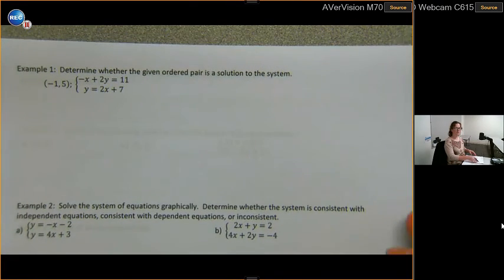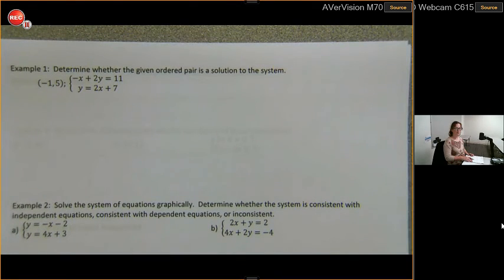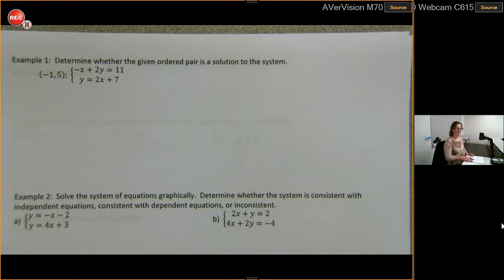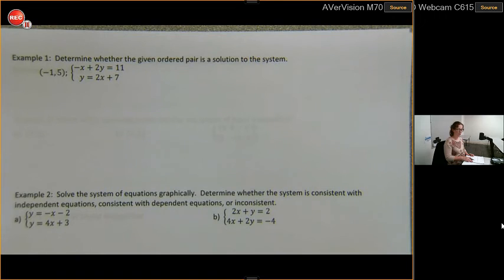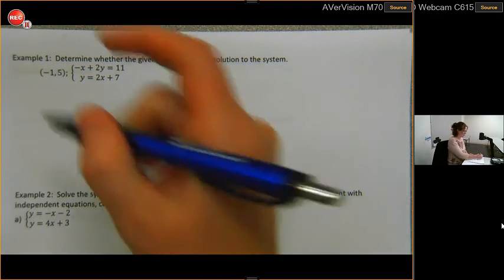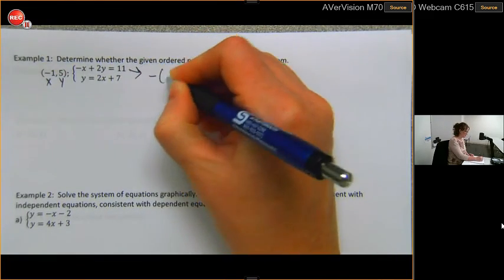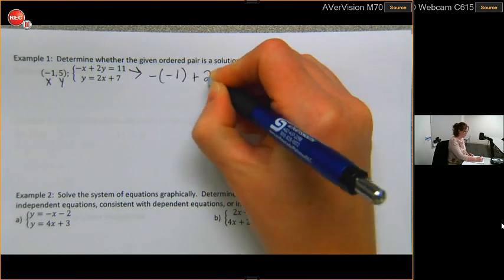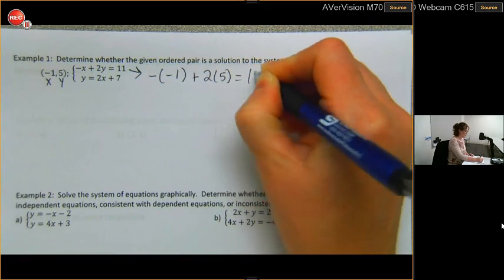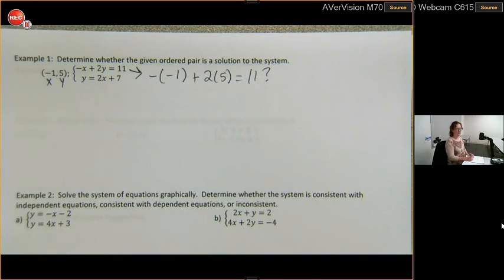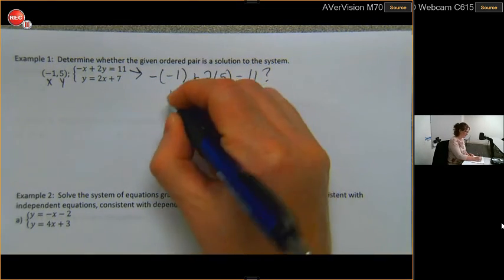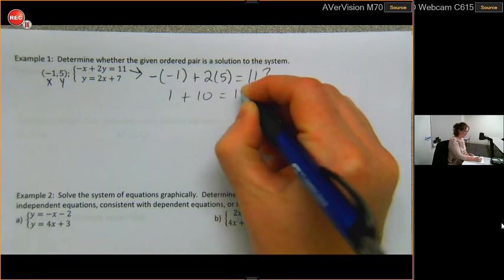So let's first start out by determining if the given ordered pair is a solution. As I mentioned earlier, what that means is that the ordered pair must work when substituted into both equations. So I have my x value and my y value, and I'm going to substitute into the equation to see if the top equation is going to equal 11, which it does.